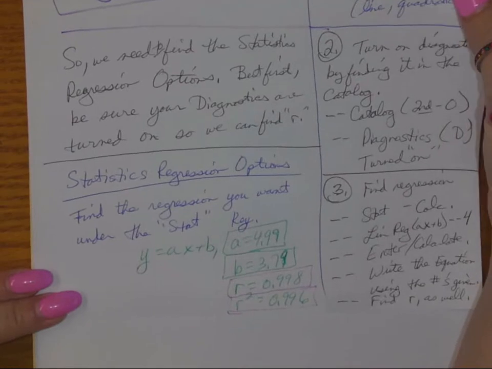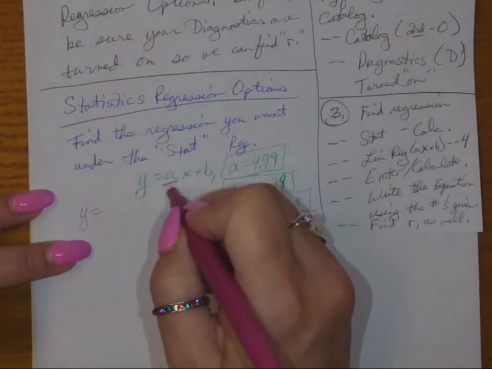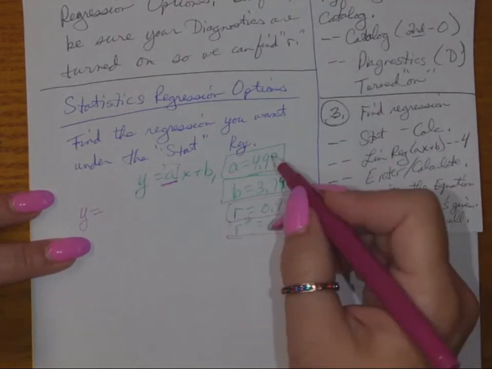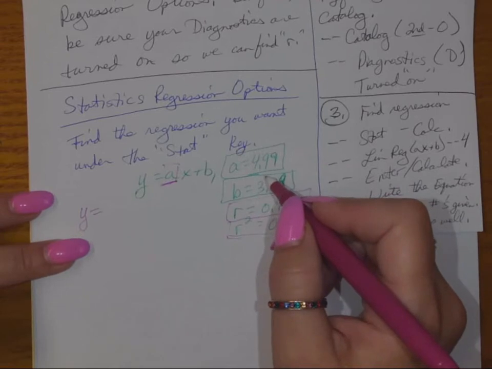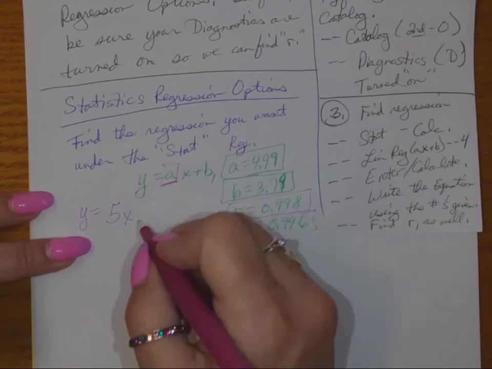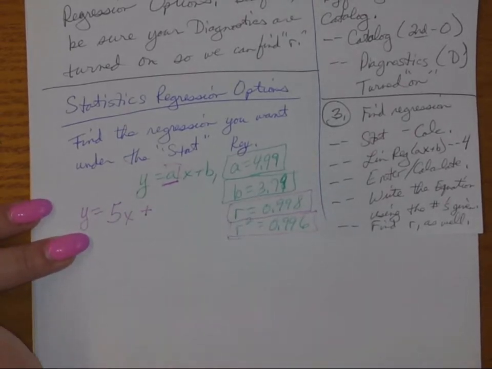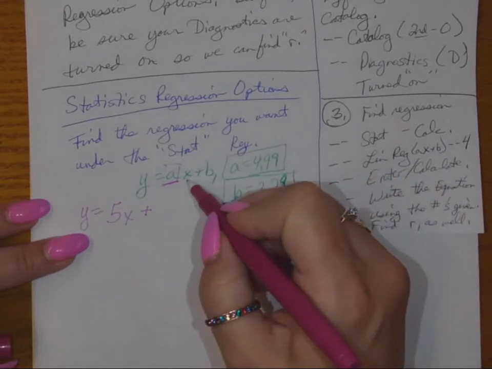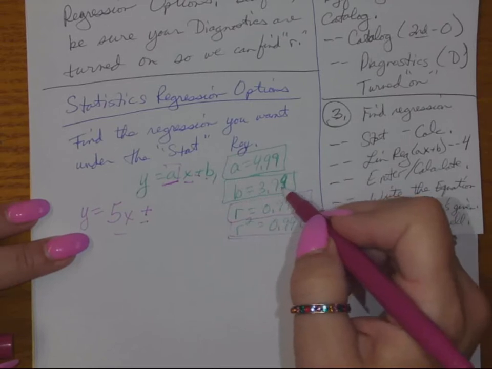So let's look. What would the equation be? It's y equals my a here. I'm not going to write that, I'm going to write this guy, 4.99, except that I'm going to round that to 5, because probably 5 is close enough. Now, if it says in your directions, keep 1 decimal place or something like that, then fine. Okay, here's the x plus, and then the b value we're going to use.